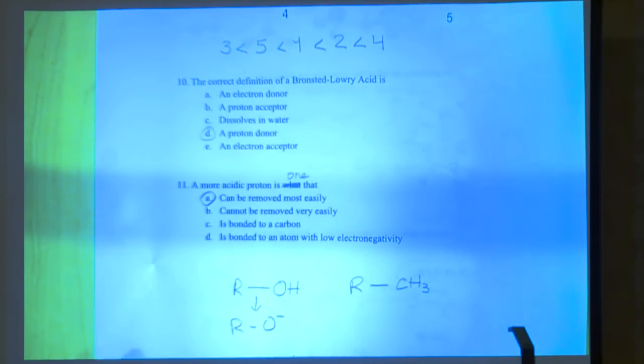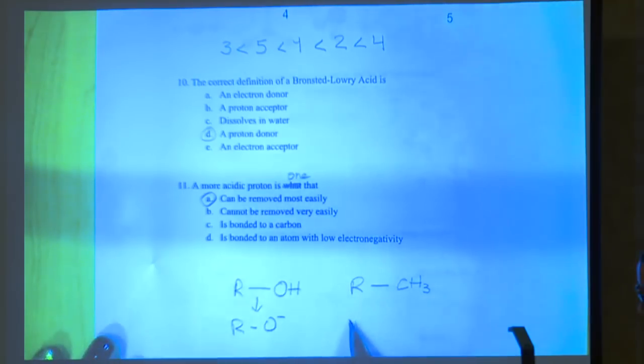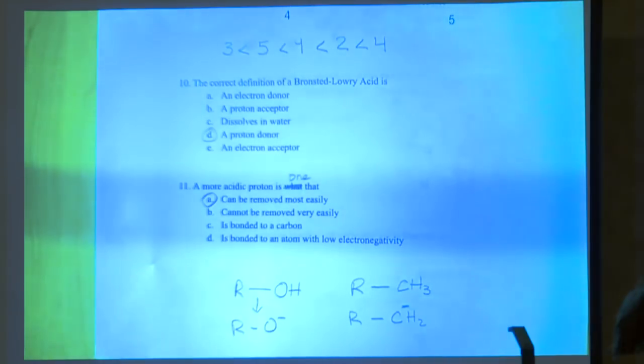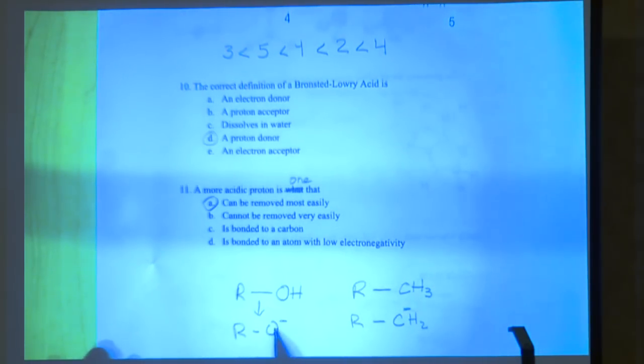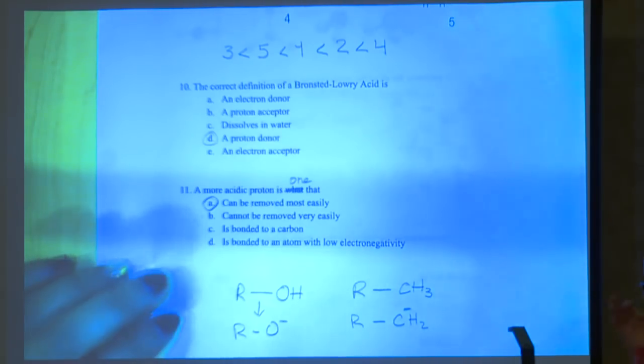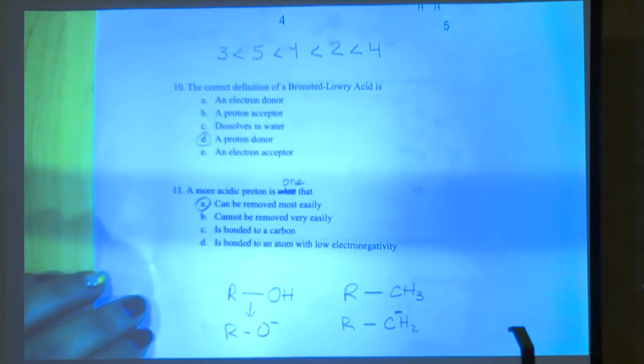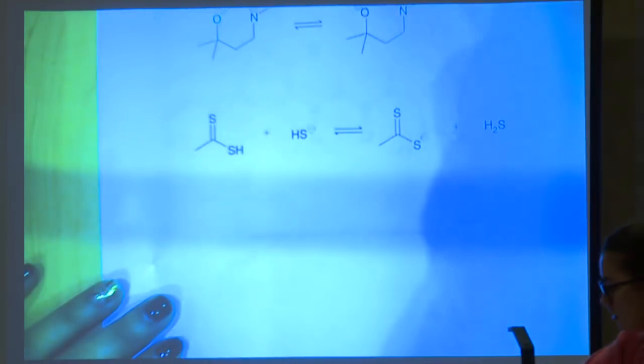Okay, so which one stabilizes a negative charge better, this or if we put this? Good, so the O negative stabilizes it more. Why? Awesome. So does that make sense to everyone? No? Or yes? Okay, yes. All right, good.